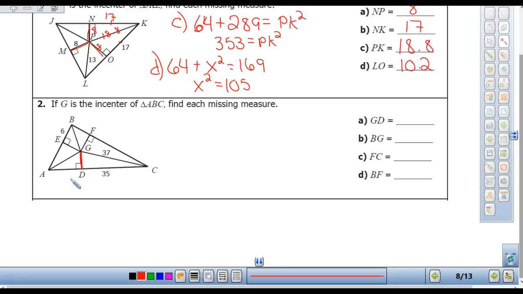Help me out. x squared plus 35 squared, which is 1225, equals 37 squared, because that's my hypotenuse, 1369. So x squared is 144. So GD is 12.